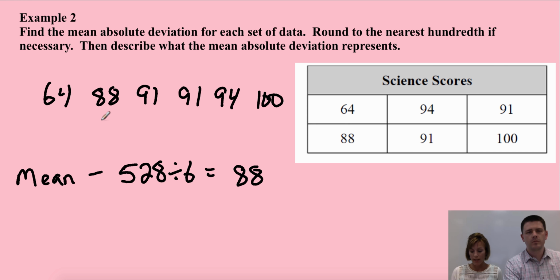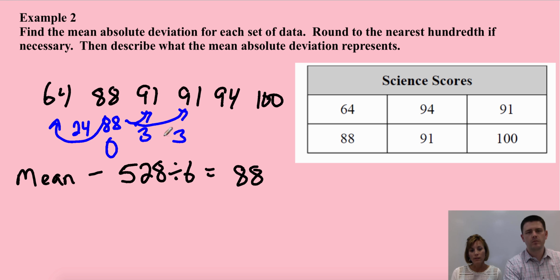So 64 is 24 away from 88. You can't forget 88, which is 0 away from itself. 91 is 3, and then you have another 3, and you have 6, and 88 to 100 is 12.